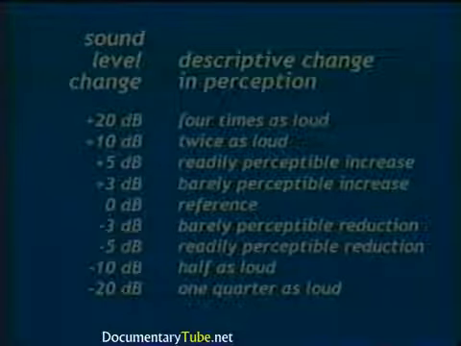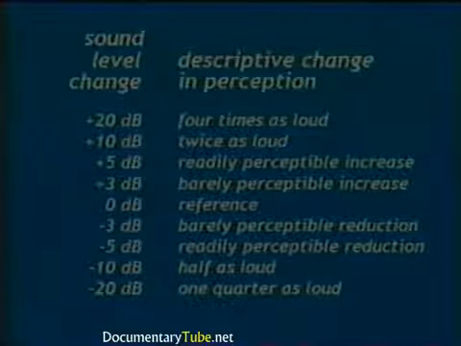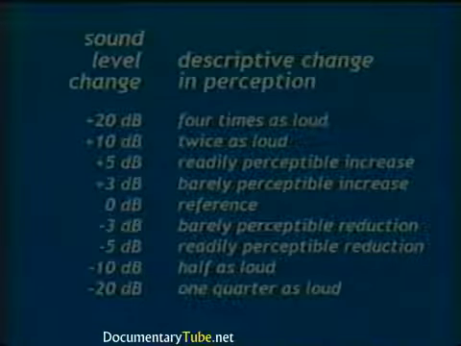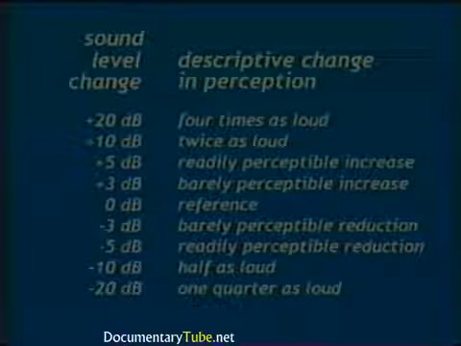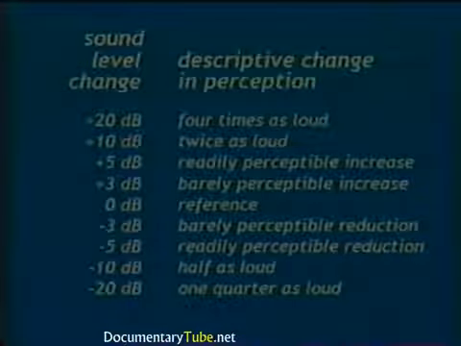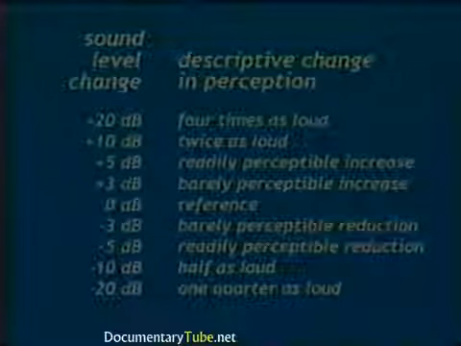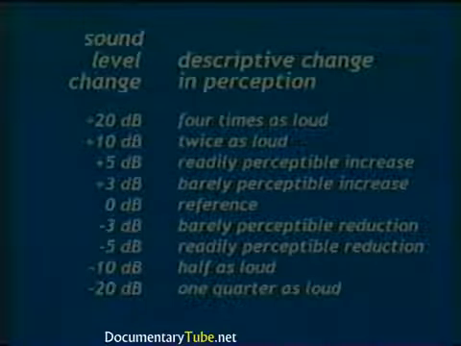We can take a look at examples of descriptive changes in perception and their corresponding sound level changes. When the sound pressure level increases or decreases, some humans in a normal living environment can detect a loudness change if the sound pressure level is altered by 3 dB or more. A change of 1 or 2 decibels will usually go unnoticed.